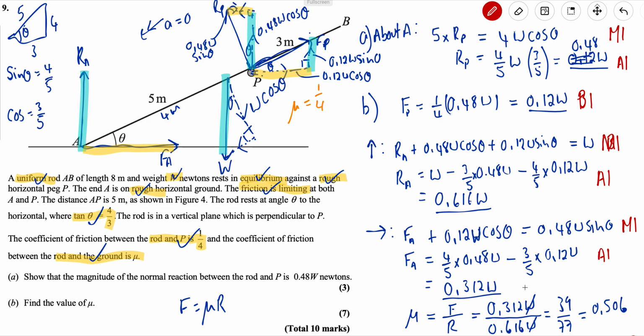Then a DM1, which is a dependent method mark for using F equals mu R, and that's dependent on showing the working to find these two values up here. So if you've got these two method marks, then you'll get this one. And then an accuracy mark for writing the final value either as an exact fraction or to three significant figures.